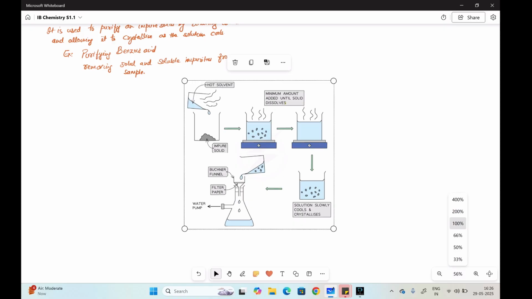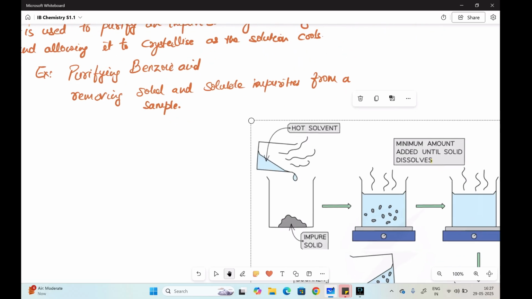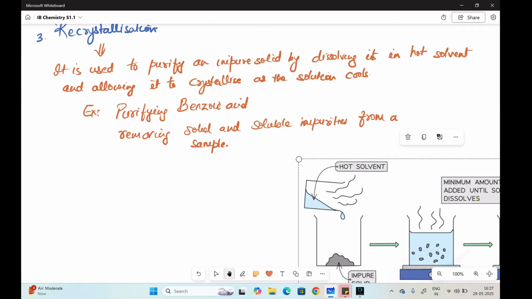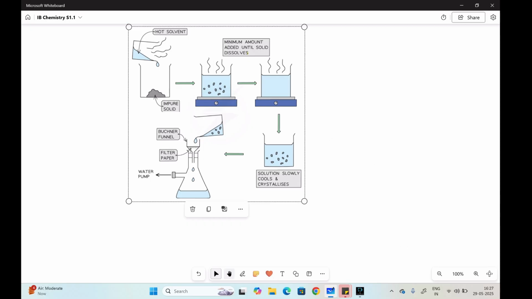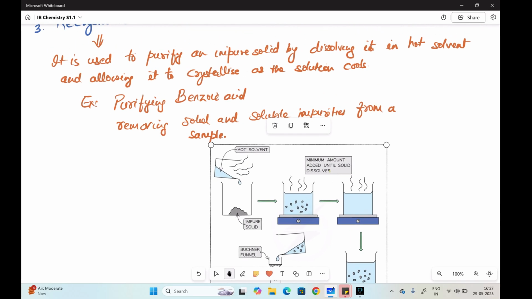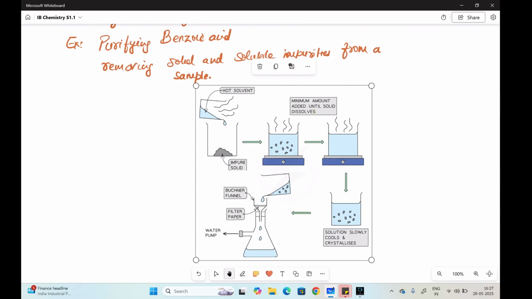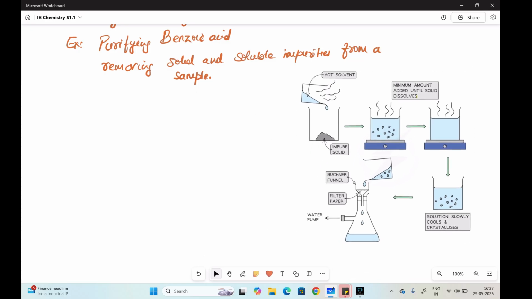So in the recrystallization method, let me bring it up. What we can see here, let me write the steps and we'll see how we can separate.